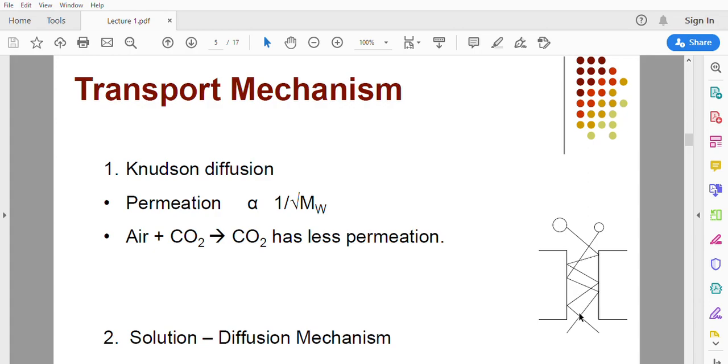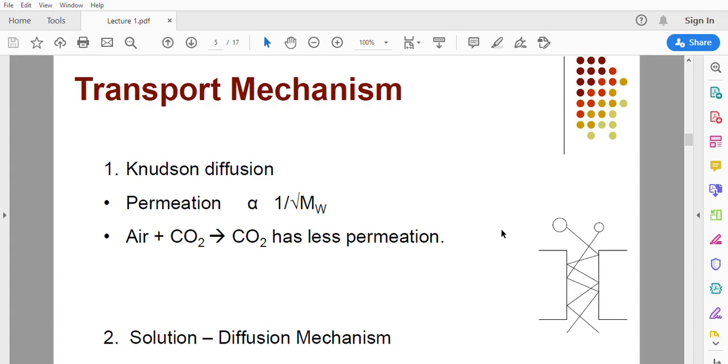Because it is difficult for the larger species to diffuse out through this pore. The smaller molecules will easily diffuse out through this pore. So larger molecules cannot be easily diffused out, and smaller molecules can easily be diffused out. So you have partial separation from this process.